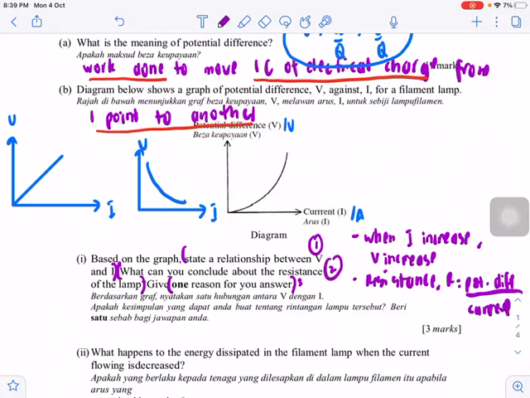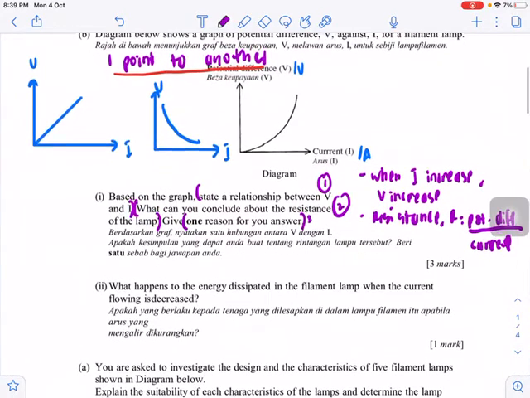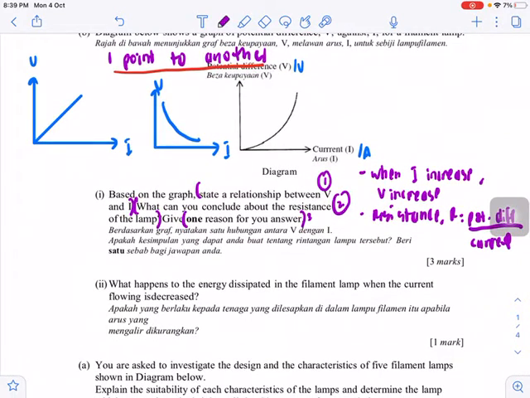Yang tu baru dapat value of resistance. Nak dapatkan nilai resistance daripada mana? From the gradient of the graph. Ramai yang missing point kat sini. Ini baru point yang kedua sebenarnya.